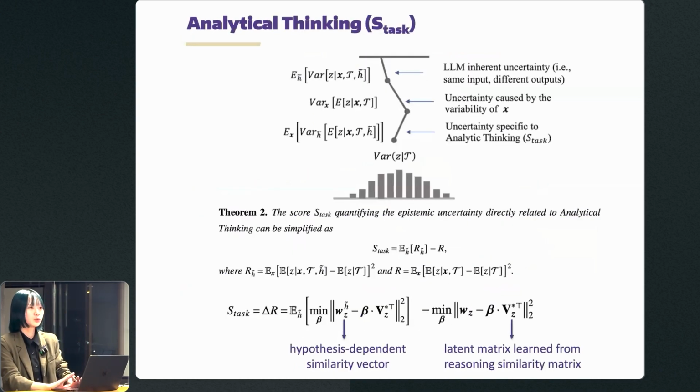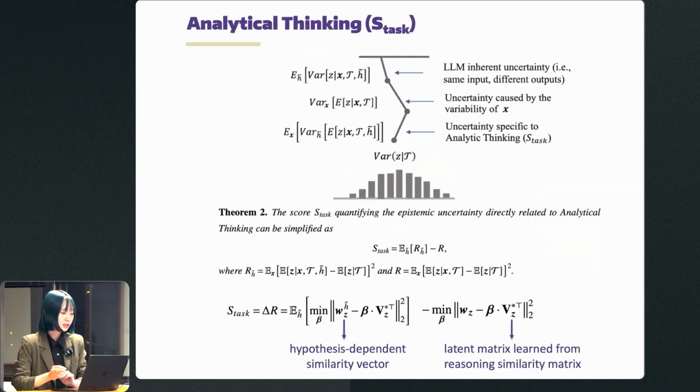Then we proceed to the second stage, analytical thinking. In the calculation of S task, we also use probabilistic matrix factorization. But the difference here is that we need to separate the uncertainty sources.